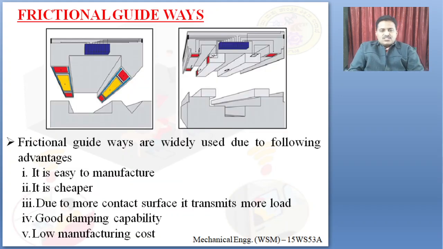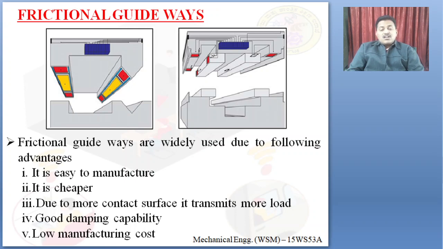Frictional guideways are used due to the following advantages. Why are frictional guideways used in CNC machines today? In conventional machines and CNC machines, we find this type of guideways. Why? Because it is easy to manufacture. Generally, the casting process is carried out, and cast iron is easy to manufacture. It is cheaper, and can be easily manufactured and afforded by any industry. Due to more contact surface, it transmits more load.